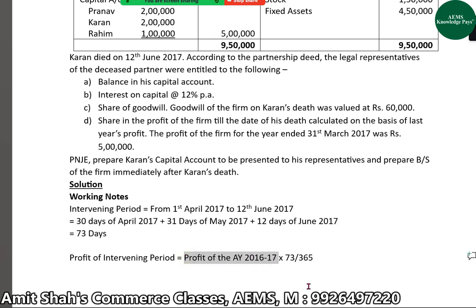Because this profit is for the entire year, that is for 365 days. So how much this profit would be for 73 days, that we will have to calculate. And that is 5 lakhs, that is profit of the accounting year 16-17 was 5 lakhs multiplied with 73 divided by 365. Correct or not? And that is exactly rupees 1 lakh.